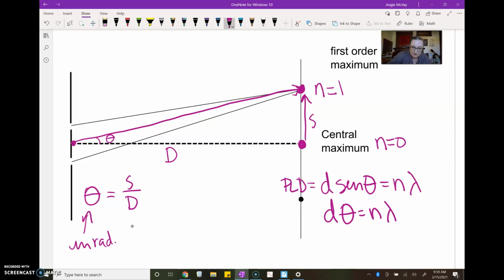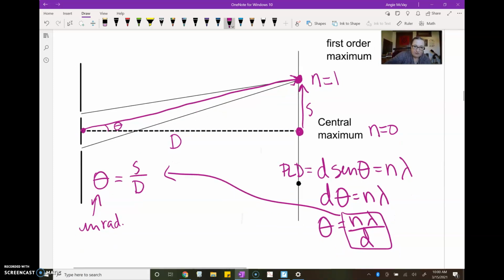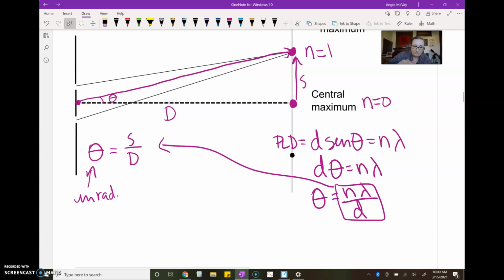And so we could solve this for theta. Theta equals n lambda over d. Right? And plug this in over here. And we get theta equals, oops.